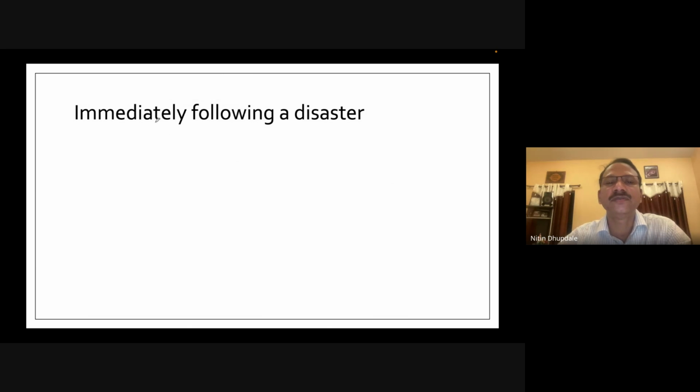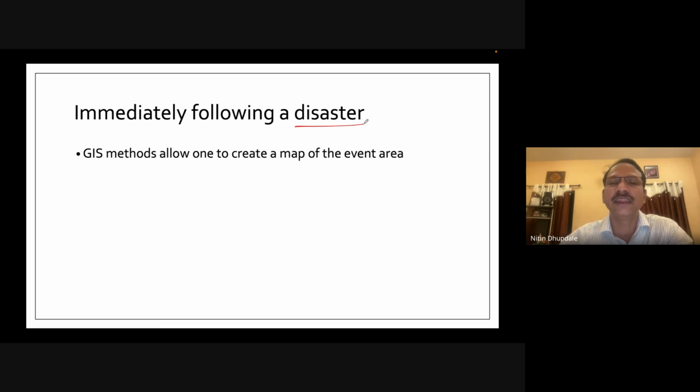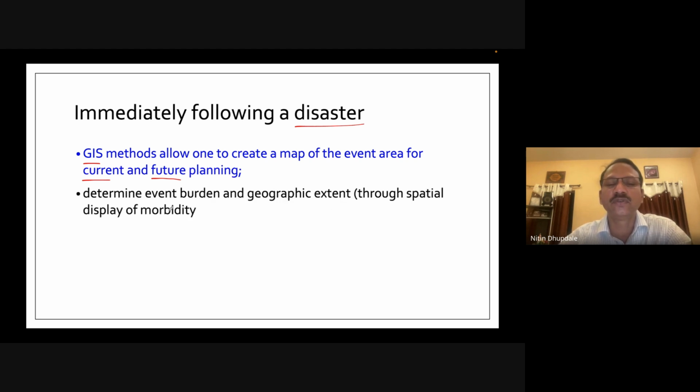Then spatial epidemiology GIS can be used immediately after a disaster. In disaster management, GIS is quite frequently used to assess the damage which has taken place, and also for future planning. It can be used to study the morbidity and mortality rates due to a particular disaster.